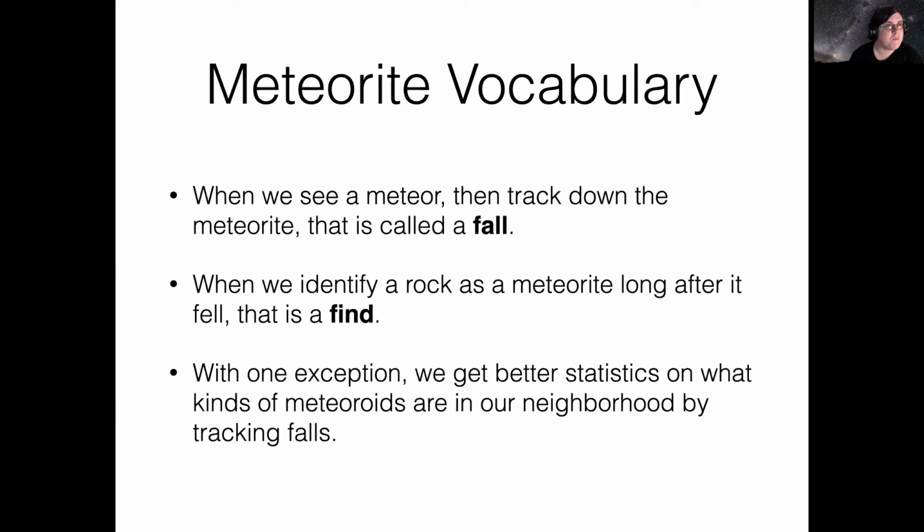Finds tend to be biased towards rocks that don't exist on Earth. We tend to find, for instance, more iron nickel meteorites, more metallic meteorites than are actually represented, because they're very distinct. You pick up an oddly heavy rock and you're like, this is weird, I want to get it checked out. There is one exception, which is Antarctica.